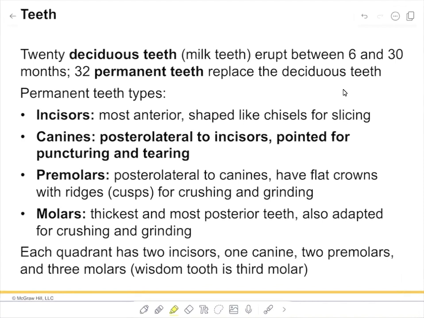So our teeth, an accessory structure, are going to include 20 milk teeth or deciduous teeth, also called baby teeth, and they are going to be replaced by 32 permanent teeth, which we have as adults.